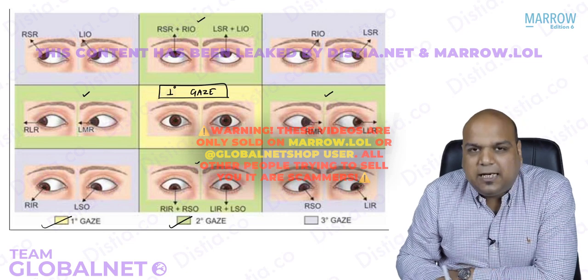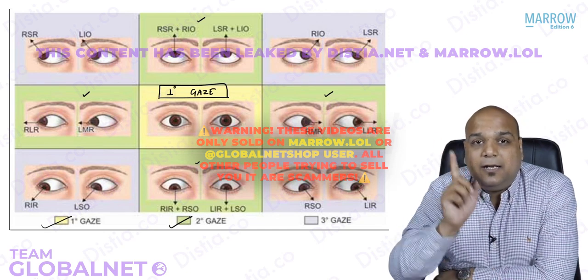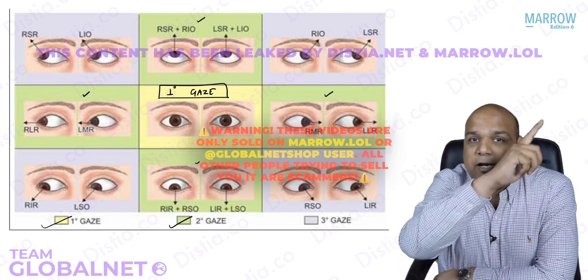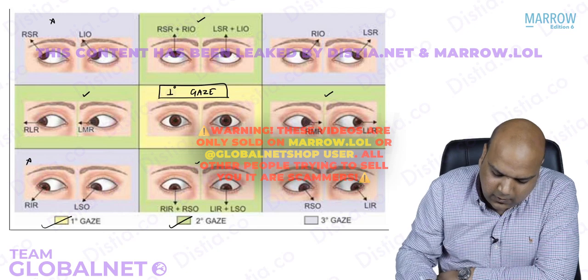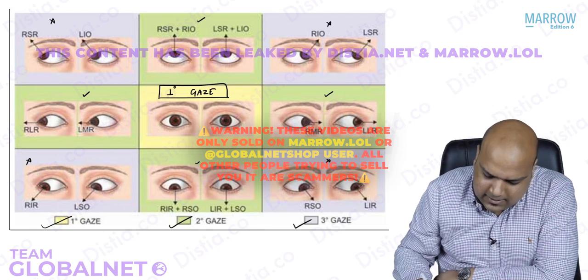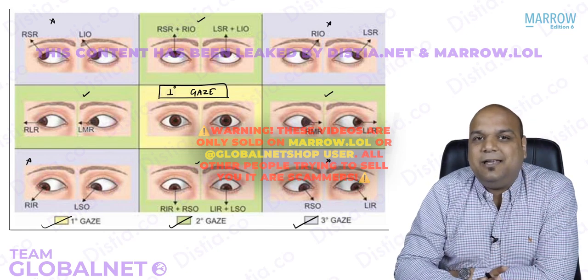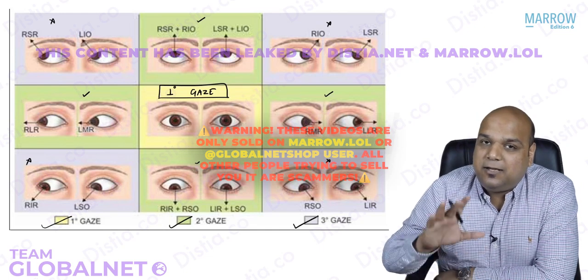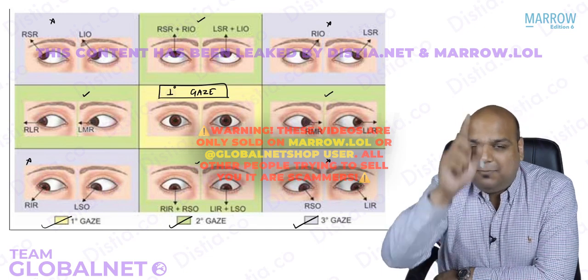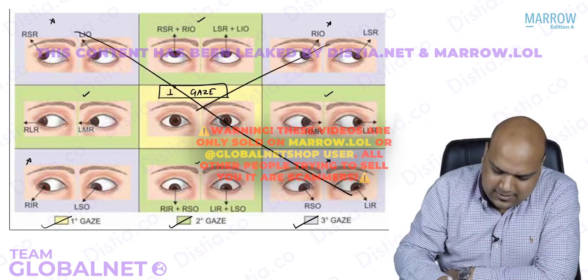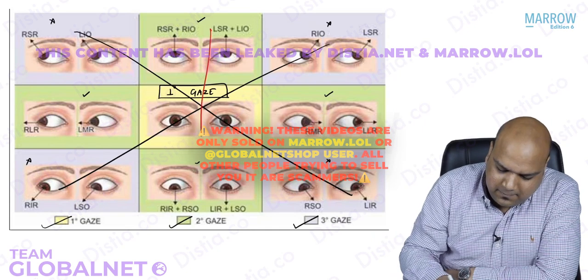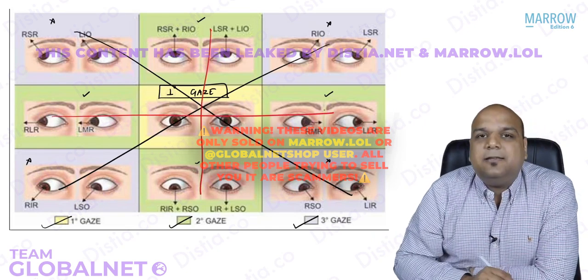Green colored secondary gazes. And now the diagonal gazes, the dextro elevation, the levo elevation, the dextro depression, and the levo depression. These on which I have put a cross in purple boxes, everybody. These are my tertiary gazes, everybody. So I hope you understand through this diagram that there are 9 directions of gaze, 1 primary, 4 secondary, and 4 tertiary. So cross sign is tertiary, plus sign is secondary.